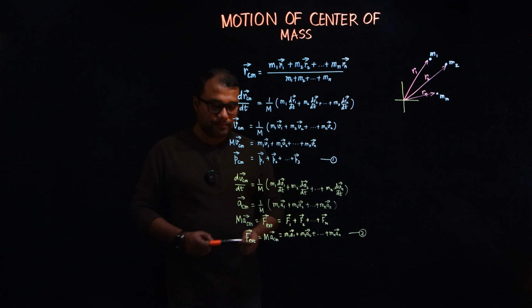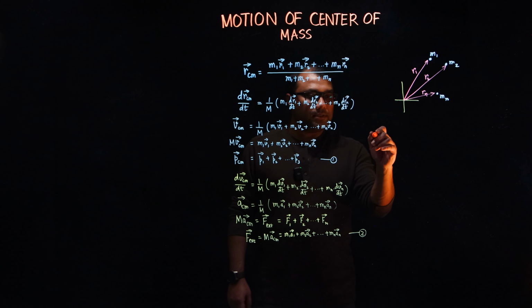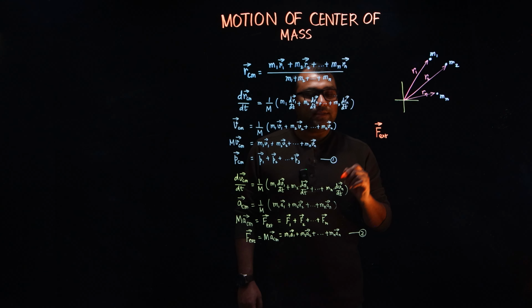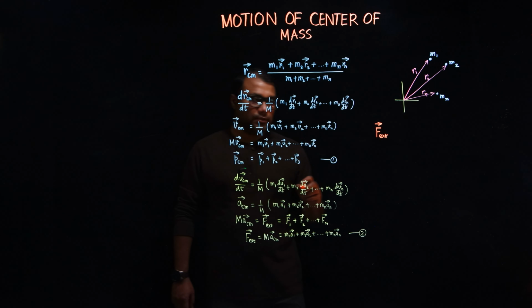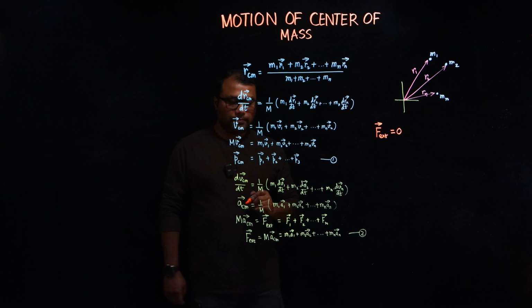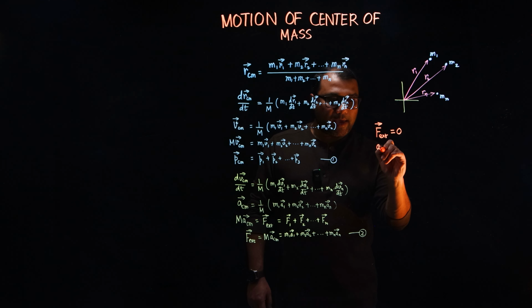Now let us suppose that the sum of total external forces, or we can call this the net external force, is 0. Okay. What would that mean? That would mean acceleration of center of mass is 0.